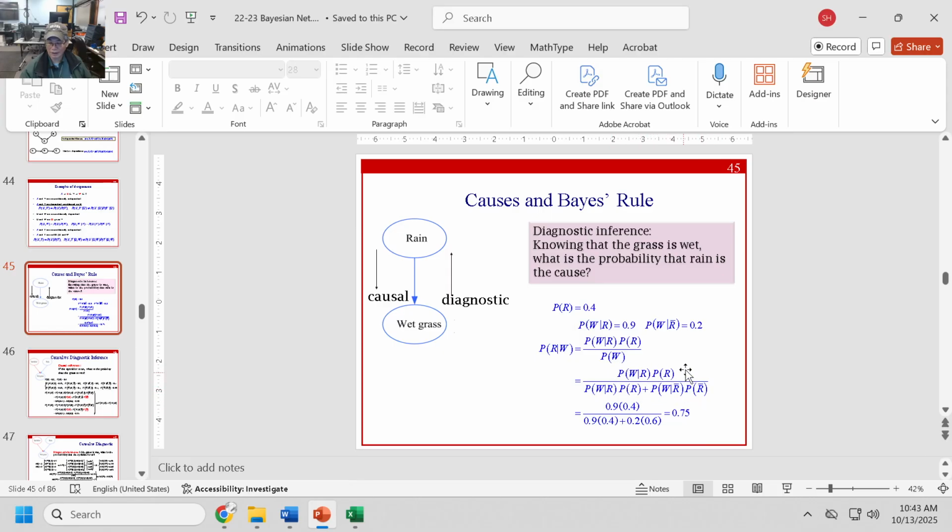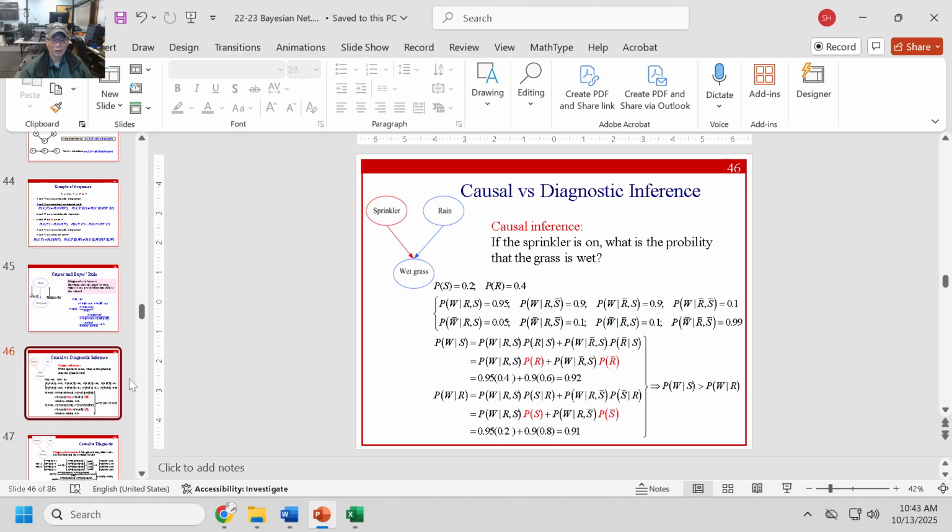And then how likely is my bundle 1? So bundle 1 over bundle 1 plus bundle 2 is 75% of the time. So if the ground is wet and I look up at the sky, I should see rain 75% of the time. Okay? So I'm just re-arguing Bayes rule, but from a d-separation point of view. Next.